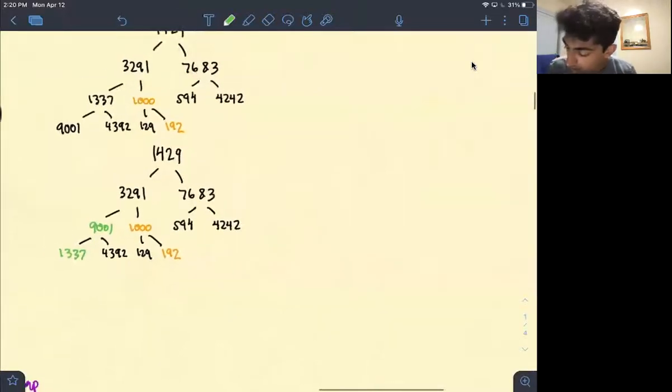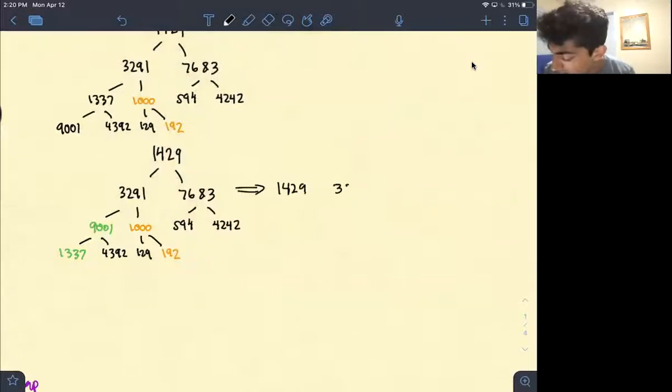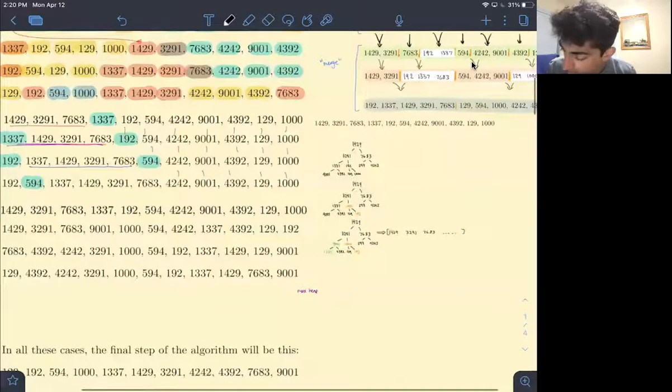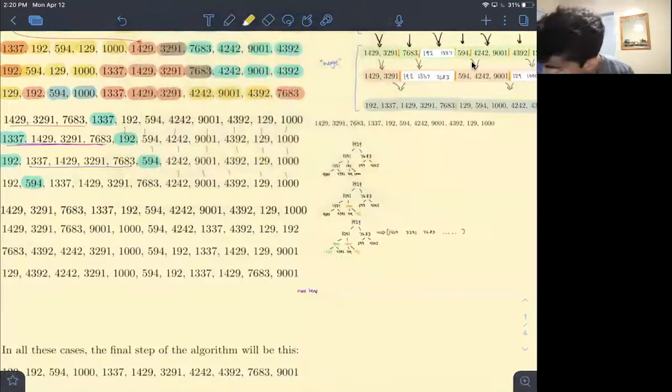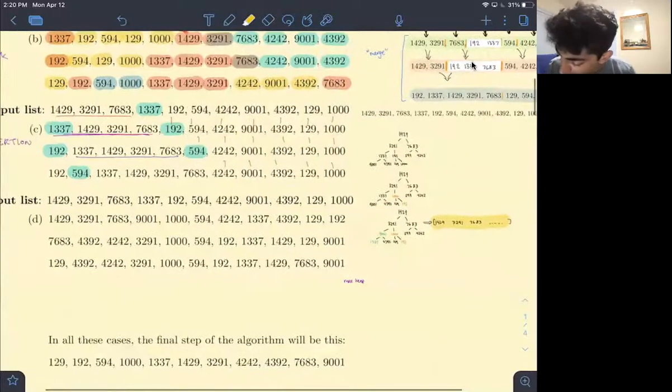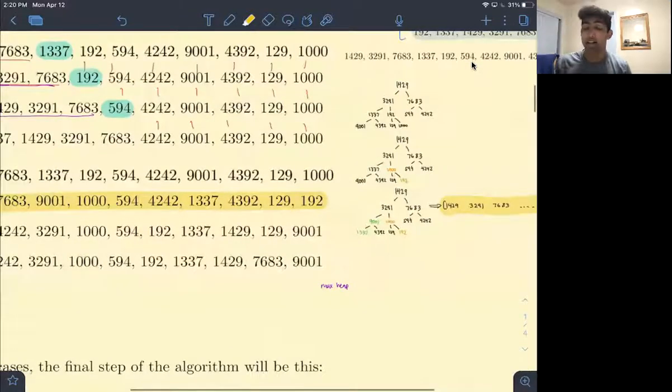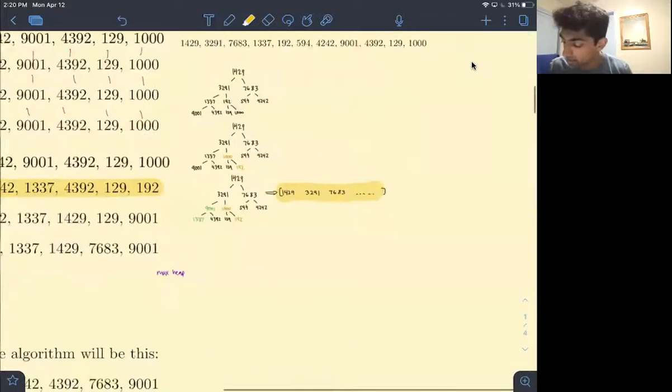Okay, so what we will see here is that if we take this state of the heap and put it as an array, we will see that this array is the exact same as the first step in the algorithm, right? And you can kind of look at this heap, translate it over, and convince yourself.